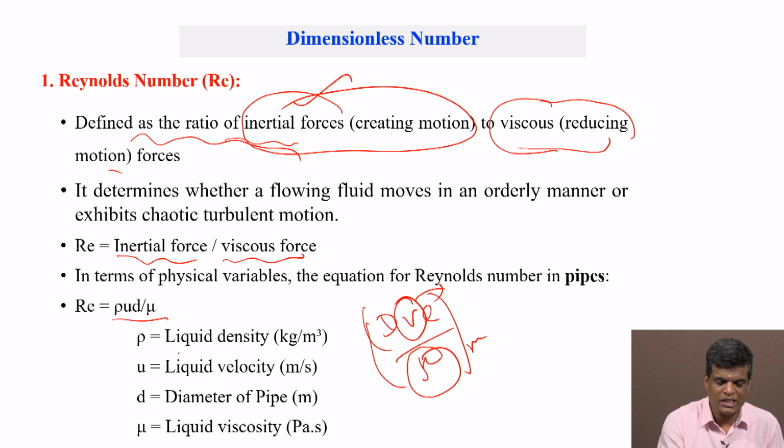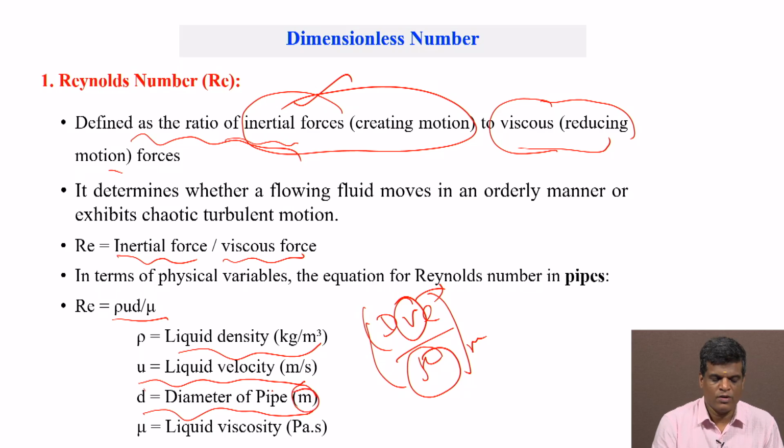Here rho is the liquid density in kg per meter cube, V is the velocity in meters per second, d is the diameter of the pipe in meters, and mu is the liquid viscosity in Pascal seconds. So in total, four variables are involved in the Reynolds number.